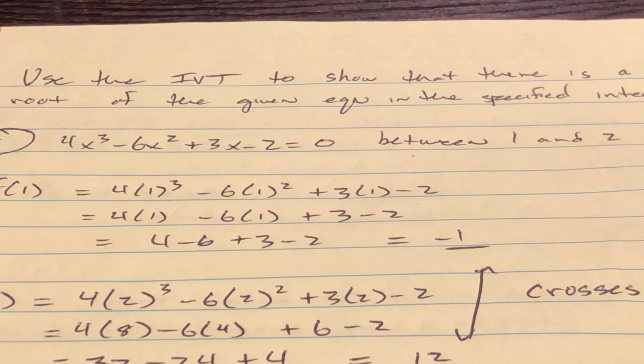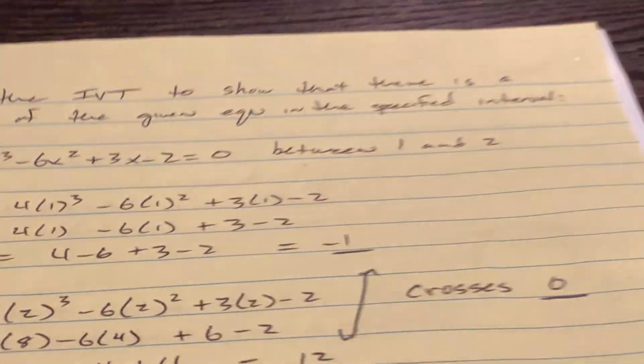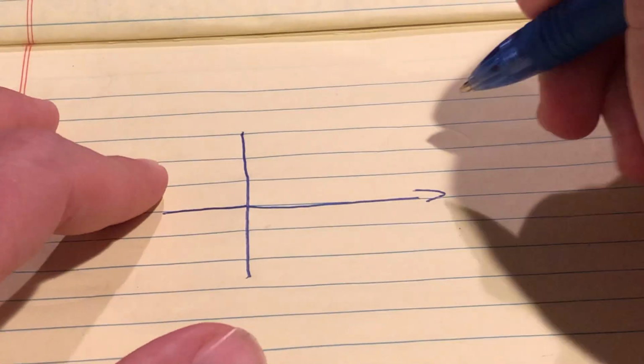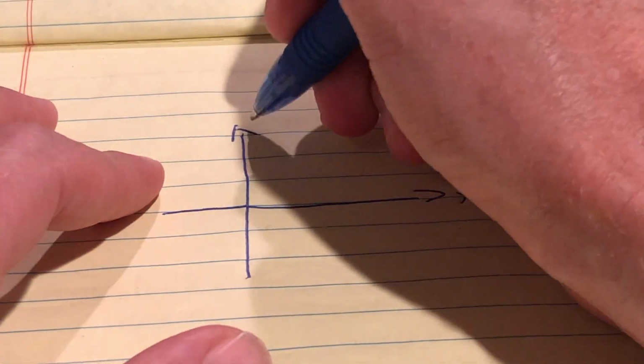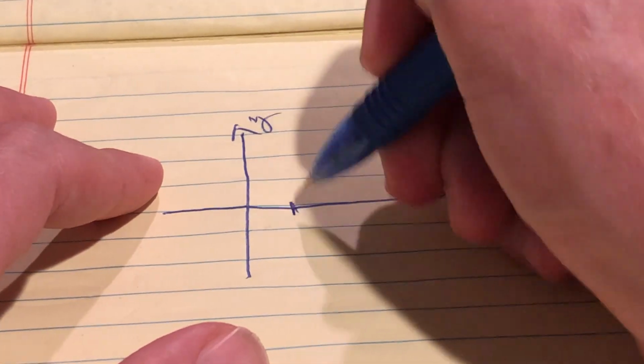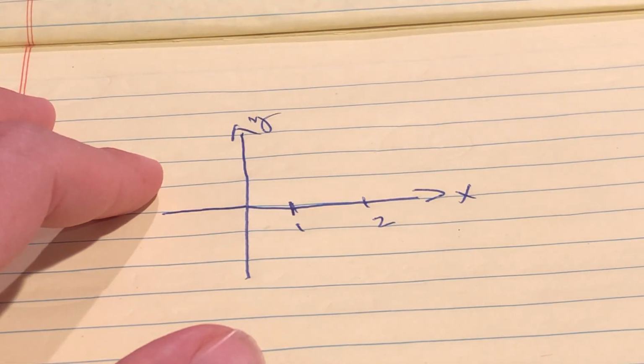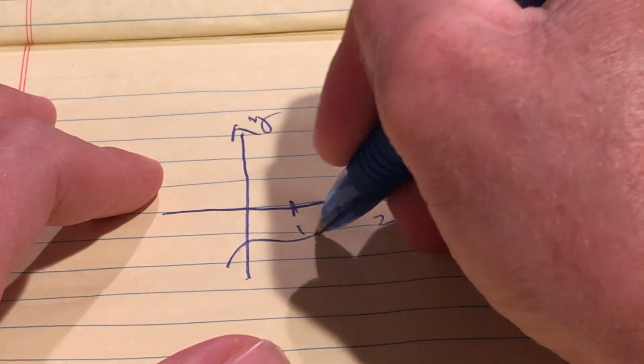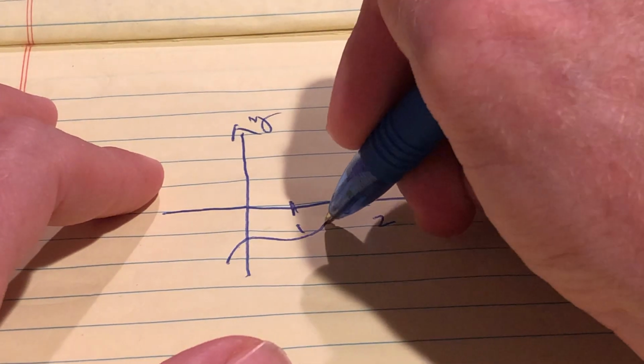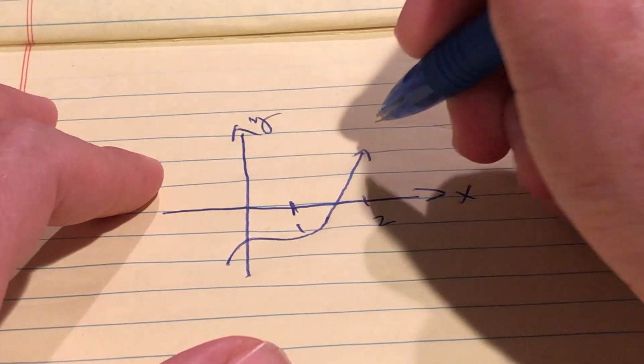All right, so let's say I had this, because I would introduce this question via a little graph. So you got x, you got y. Let's say this is 1. Let's say that is 2. I have some sort of cubic function that's going to go like that.